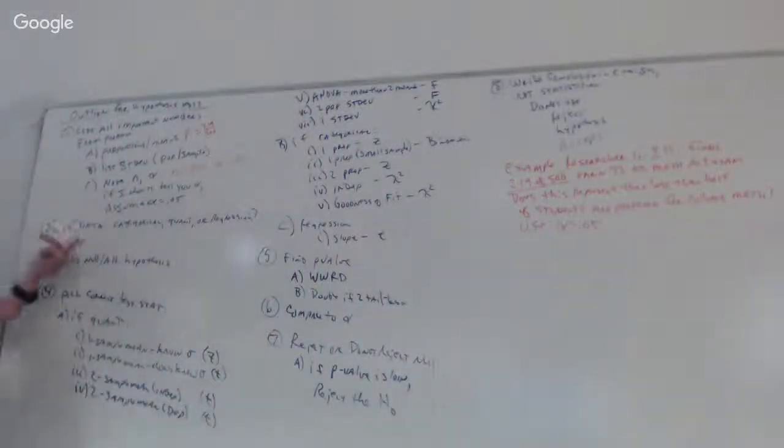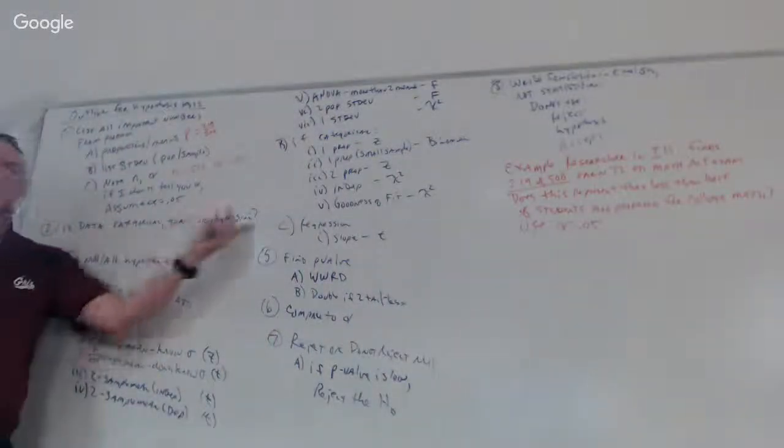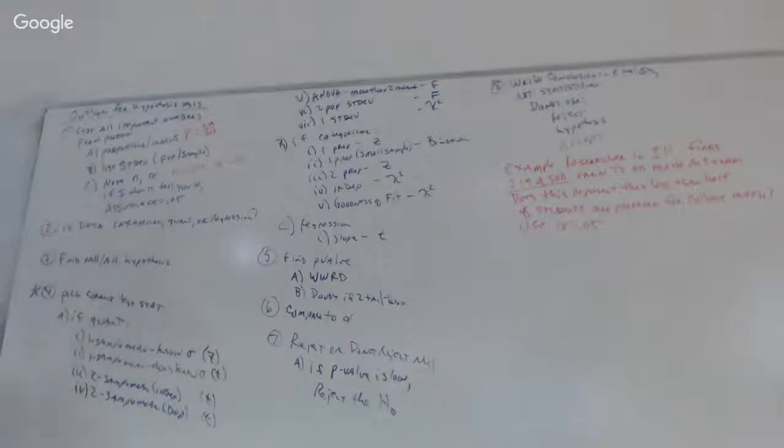We've got everything done. Okay, is the data categorical, quantitative, or regression? Let's vote. Who says it's categorical? Nobody? Who says it's quantitative? 1, 2, 3, 4, 5, 6, 7, 8, 9, 10, 11, 12, 13, 14, 15, 16, 17. Who says it's regression?